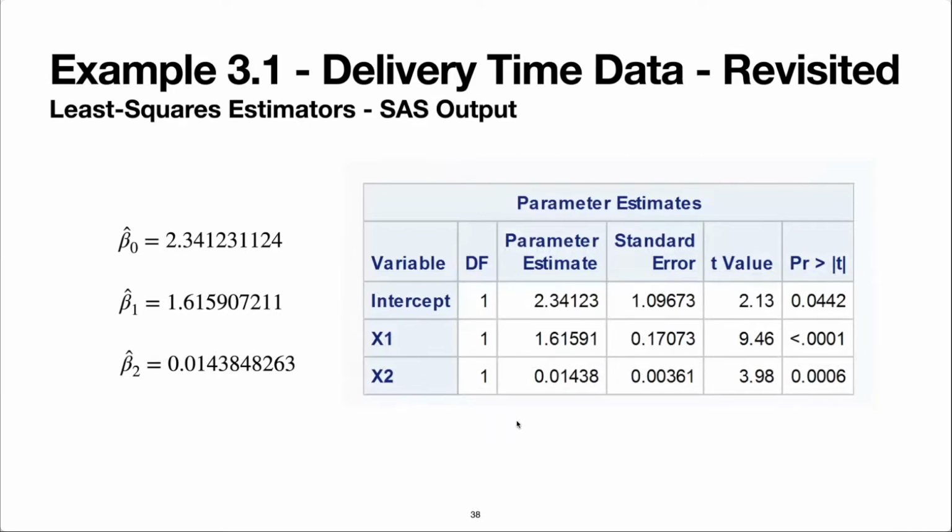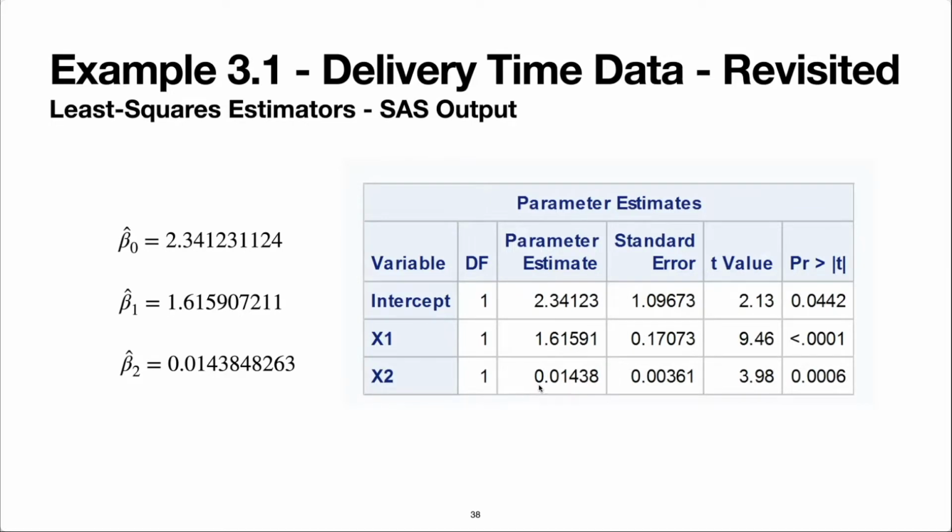All right. And we can compare those quantities that I've included on this slide to the parameter estimates that we get when we run this analysis using PROC REG. So the intercept beta 0 hat is 2.34123 according to PROC REG, and that's what I got over here. The parameter estimate for beta 1 hat, PROC REG reports as being 1.61591. To 5 decimal places, that's what we get here.